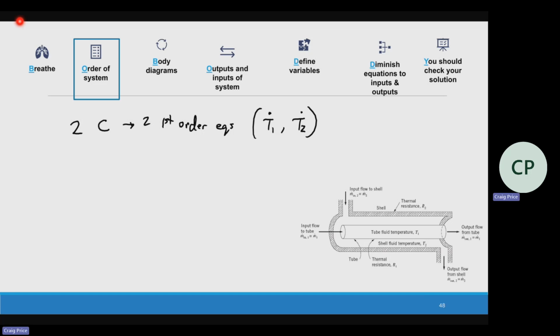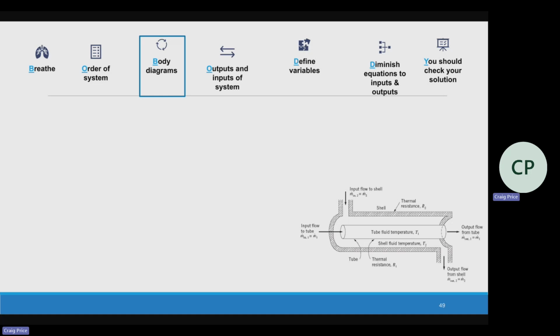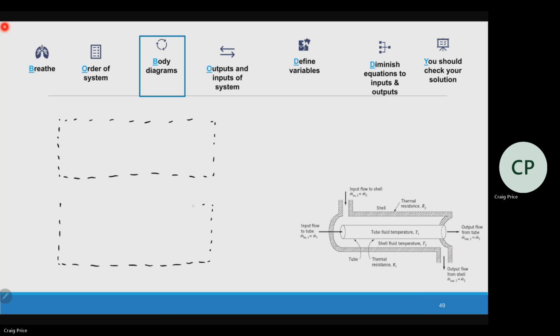Okay, now we get to body diagrams. This is where I'm gonna give you a quick schematic, and then I want you to fill in some of what's going on here. Okay, so I'm gonna say that this is, so we're all on the same page, I'm gonna draw it as two boxes. I'm gonna say that this is the inside temperature, and this is the outer temperature.